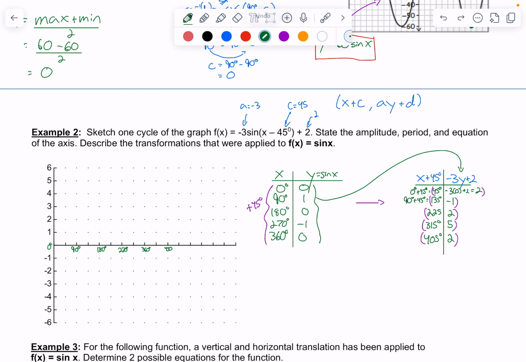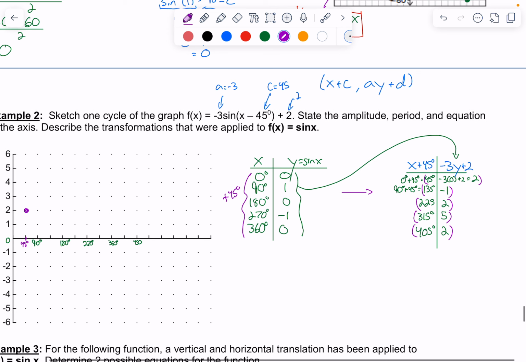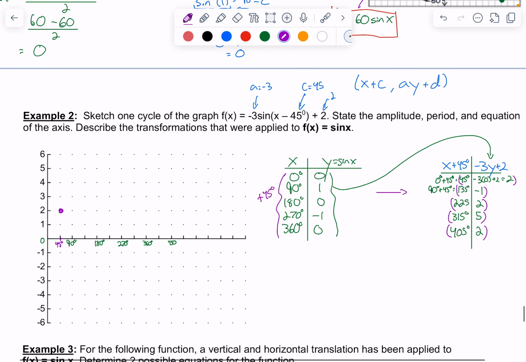So we're plotting the point 2 and 45. So 2 and 45 would be right here. There's the coordinate. This is 45 right here. So there's your first point, 2 and 45. And then you have your next point, 135 and negative 1. So halfway between these, this is 135 here. So 135 and negative 1, right there.